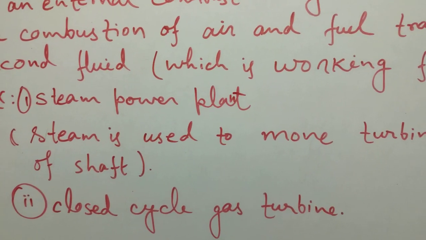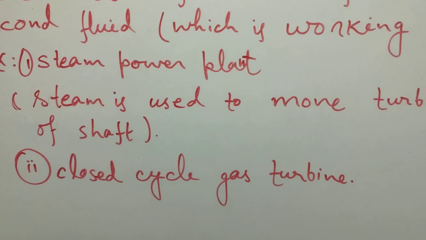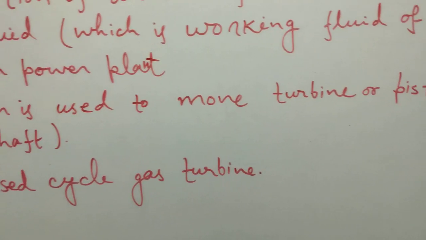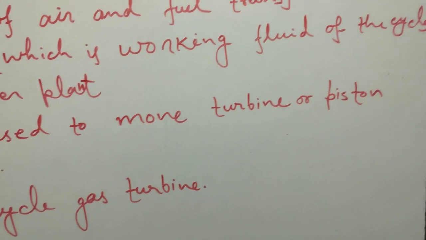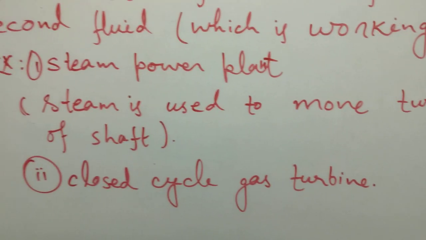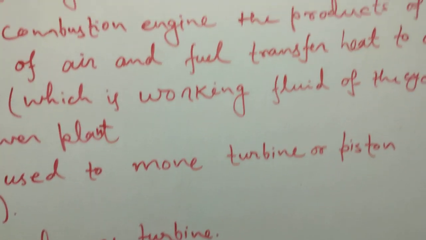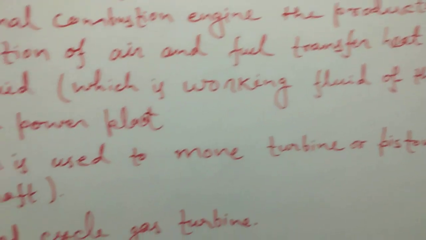The working fluid is used in a steam power plant for moving the prime mover, such as the piston of the shaft or the turbine of the steam power plant.